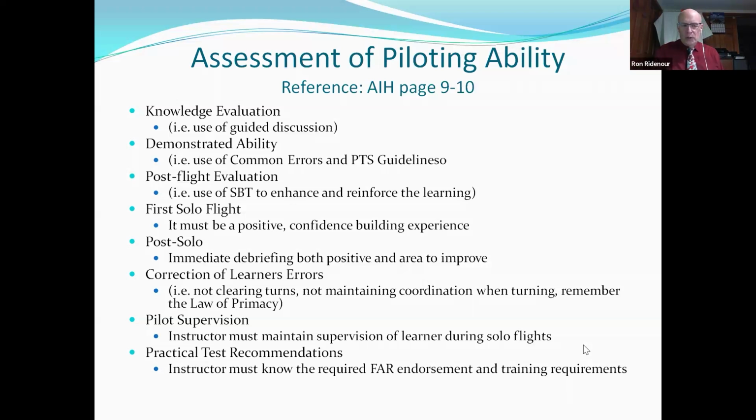That's your responsibility. If you don't know what the training requirements are, how do you make that endorsement with a good conscience? You have to know what the training requirements are and where they're found, whether it's the PTS or, for solo flight, in 61.87. It talks about the training requirements. You must know them before you make those endorsements. It's really important as an instructor.